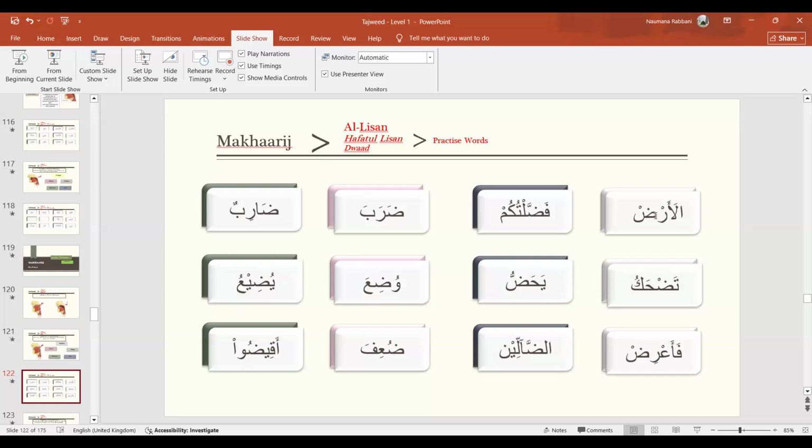Now, dad sakina, that's where you need to practice istitala more. So it's not al-ard with a qalqala, that's the first thing. Second thing is that I only had the front of my tongue touching the palate. That's why there was a qalqala.